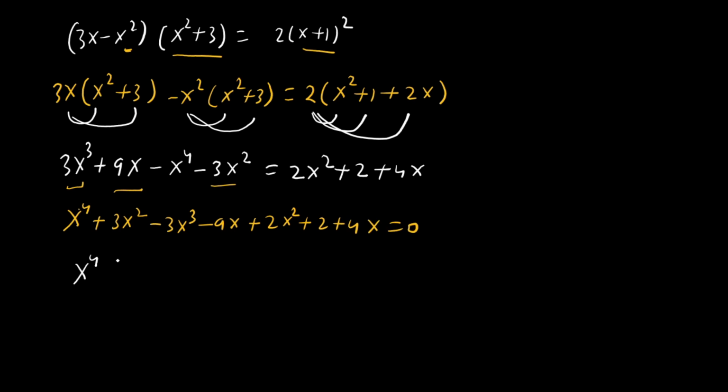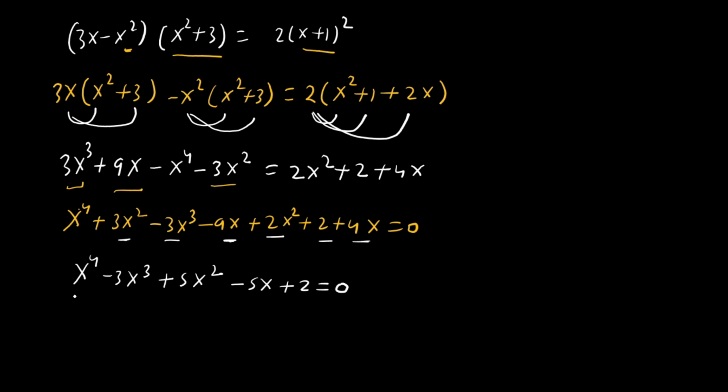So x power 4 minus x power 3, plus 3x square plus 2x square is 5x square, minus 9x plus 4x is minus 5x, and plus 2, and this is equals to 0.